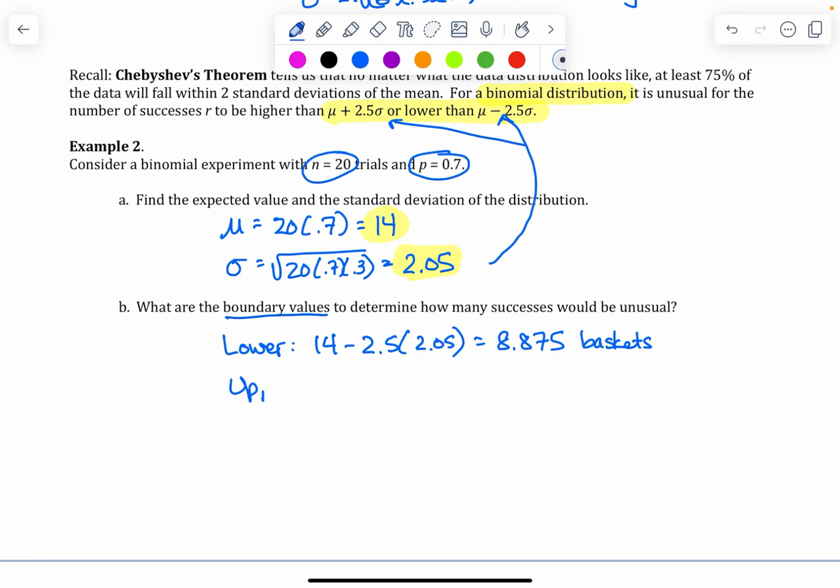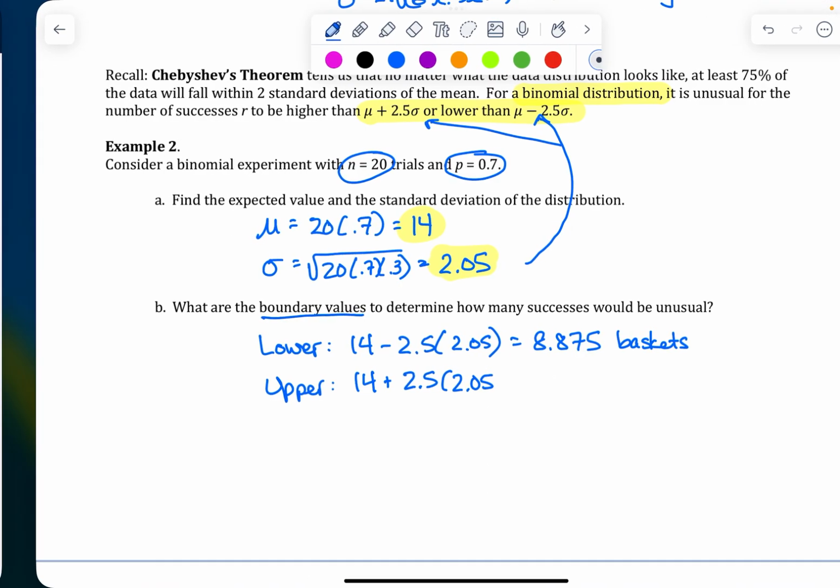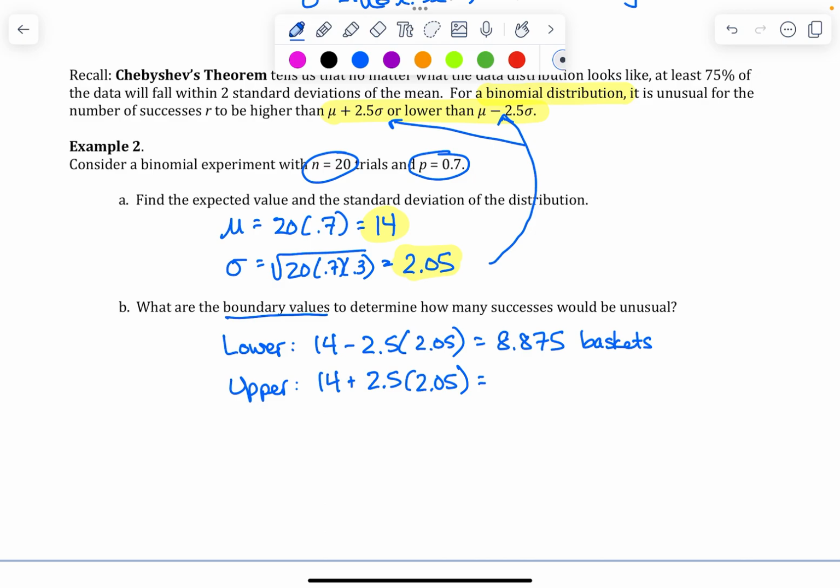And the upper boundary is going to be 14 plus 2.5 standard deviations, which is 19.125. All right, so you're willing, according to this rule, to give anywhere between 9 and 19, right?